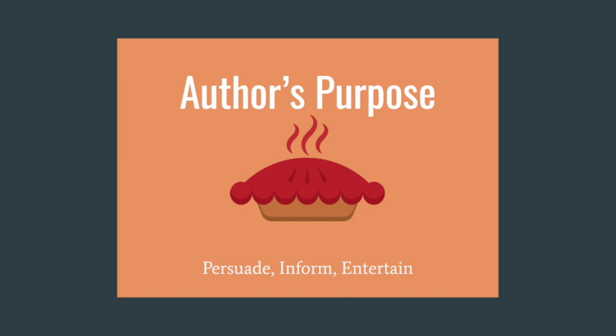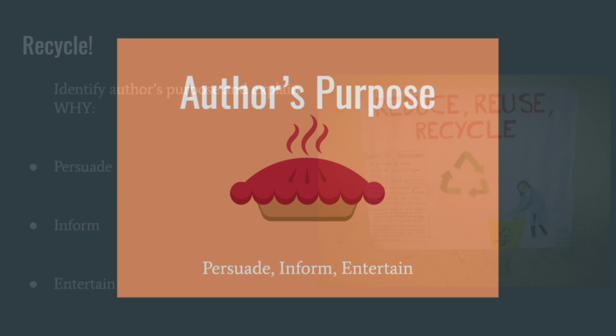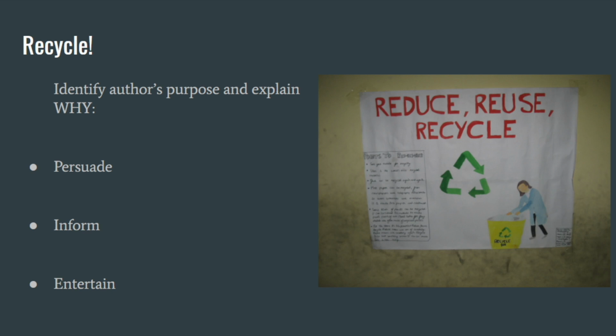For our first example, we see a recycle poster, probably in the hallway at school or maybe at a place of work. The three words on top say reduce, reuse, recycle, and then we see a few directions of how to do so and why you should do that.